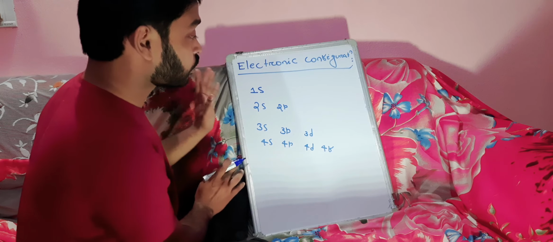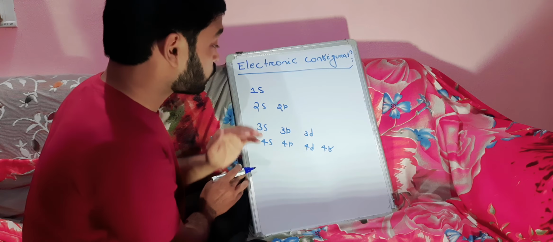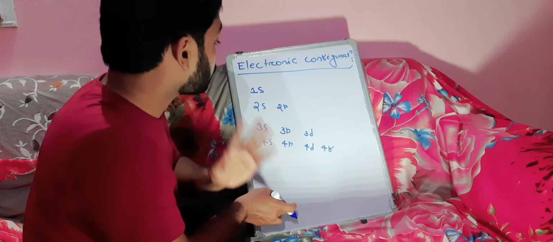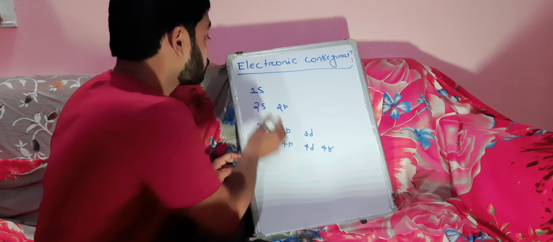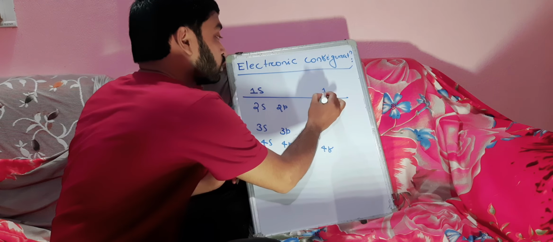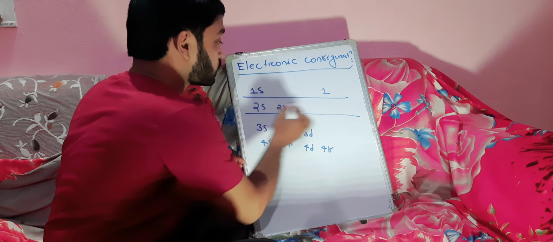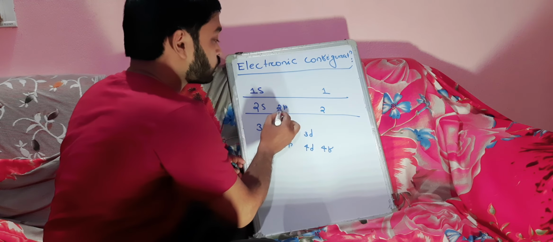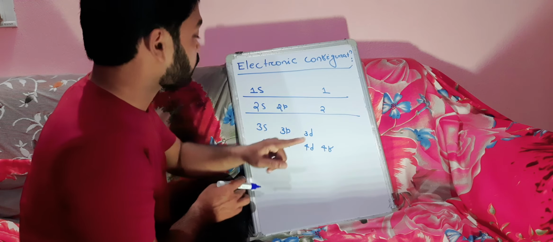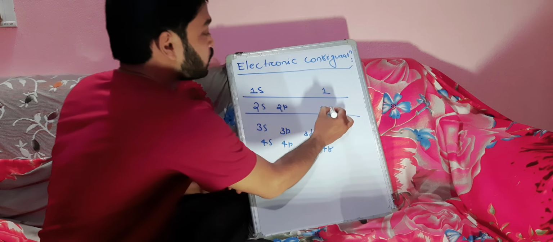So according to the rule I have told, the orbitals with lower energy value will come first and the higher energy value orbital will come later. So the energy of 1s is 1, and the energy value of 2s is 2 plus 0, that is 2, and for 2p the L value of p is 1, so the energy of the 2p orbital will be 3.